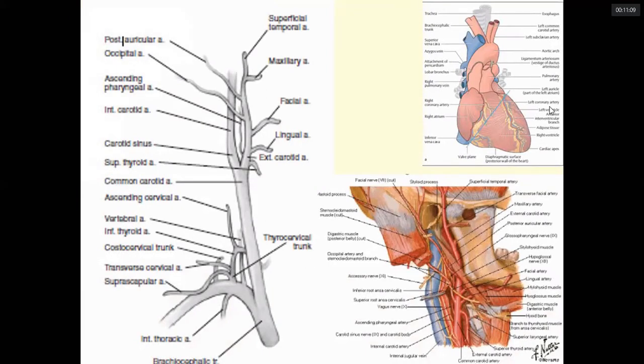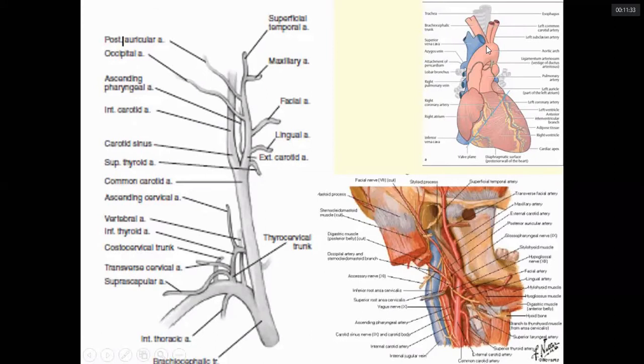Now, because we are reading about bleeding and the branches of the external carotid arteries, we need to recapitulate from where these blood vessels are coming. So let us go here to the heart. The heart has the arch of aorta, and then there are 3 major trunks.